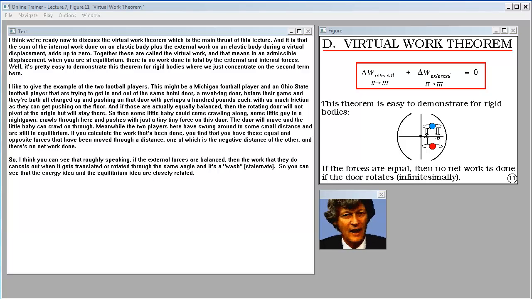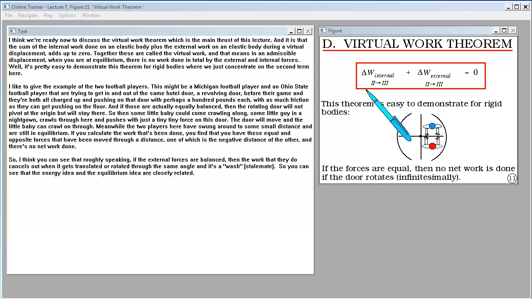I think we're ready now to discuss the virtual work theorem, which is the main thrust of this lecture. And it is that the sum of the internal work done on an elastic body plus the external work on an elastic body during a virtual displacement adds up to 0.